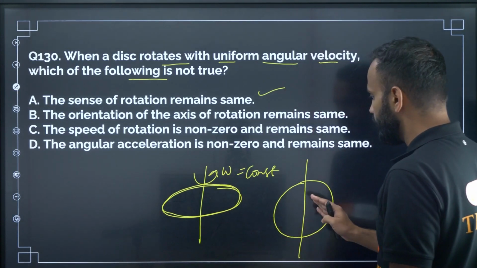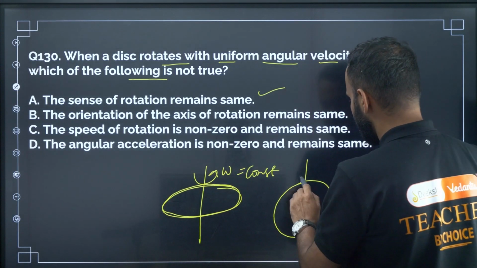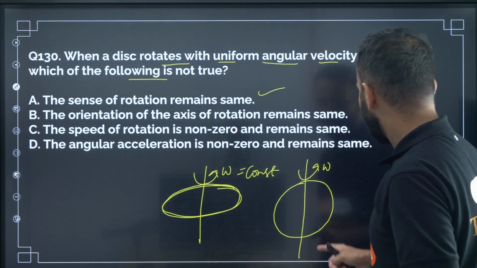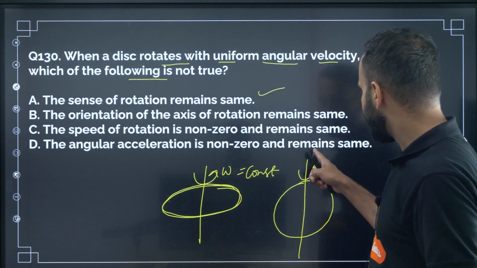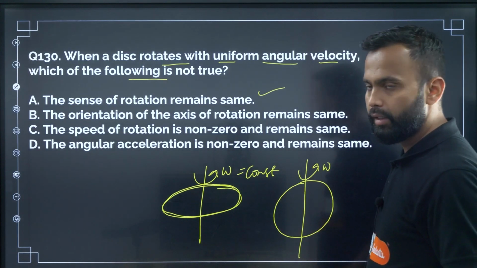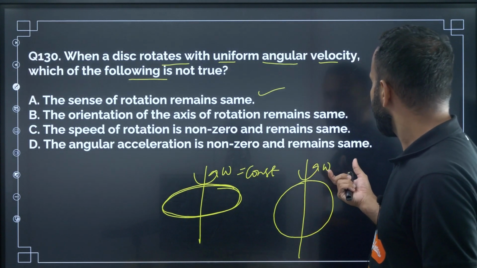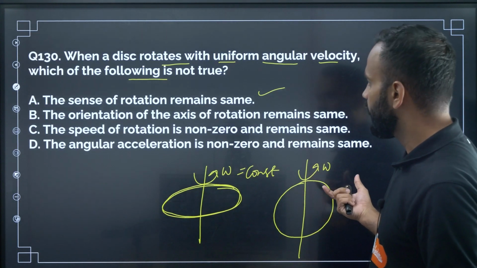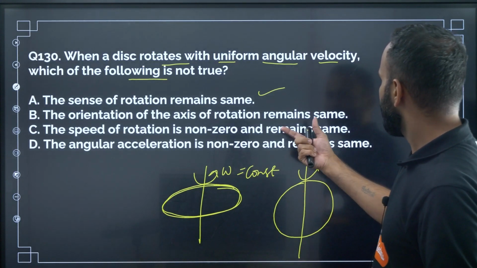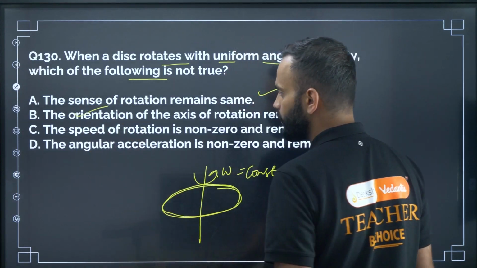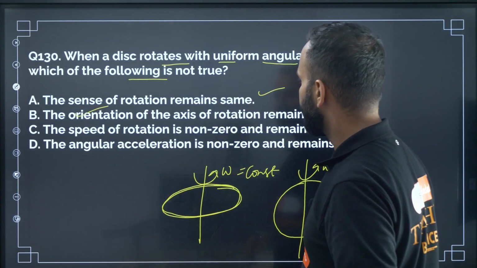Now this is another orientation. Here this ring is rotating with uniform angular velocity omega about the axis which is passing through the diameter of this ring, right? So still the angular velocity is same. So the orientation of the axis of rotation remains same. So option B is also true, the correct statement, right?